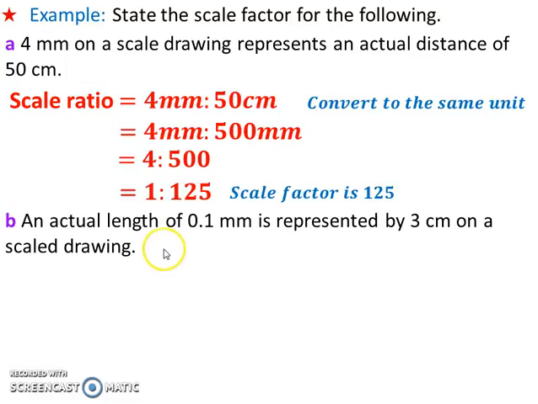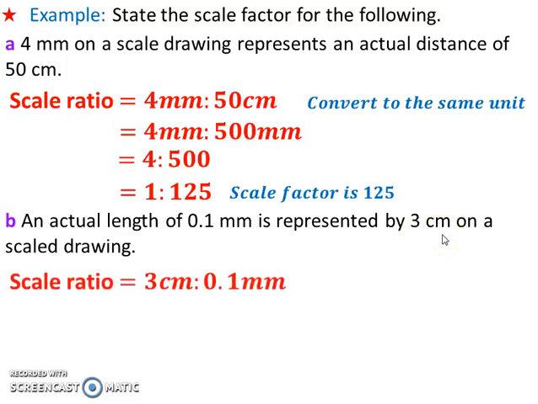In the second example here, we've got an actual length of 0.1 millimetres, so something that's really small has been drawn a bit bigger. It's been drawn as 3 centimetres. You set it up the same way, with your drawing length to your actual length, and then we start thinking about simplifying.